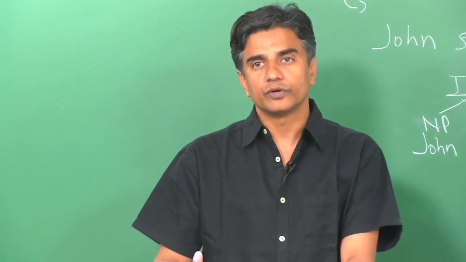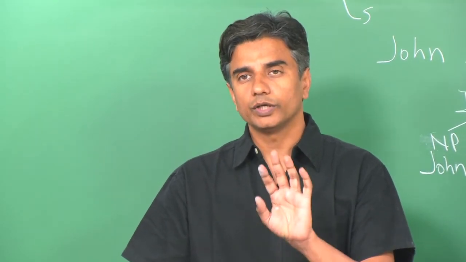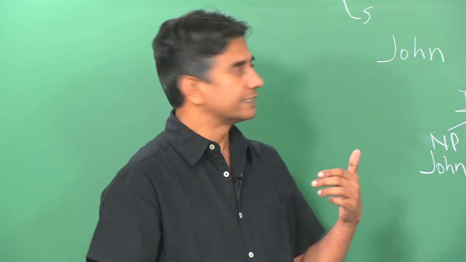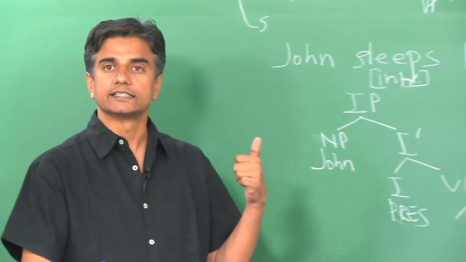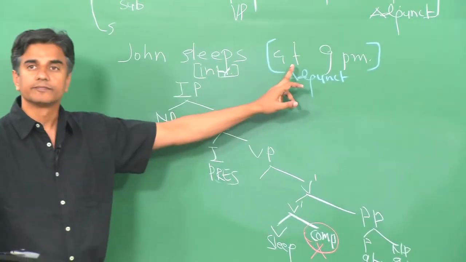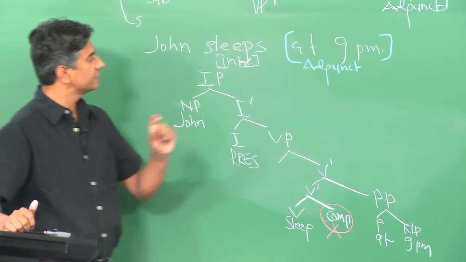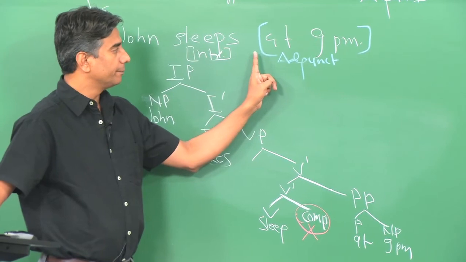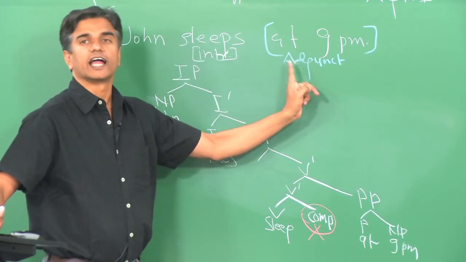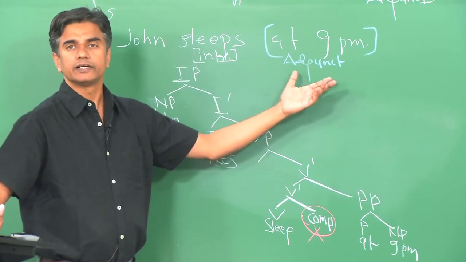At this time, I would also want to underline that in both the examples so far, a sentence like "John likes pizza in the evening" and "John sleeps at 9 p.m.", in both the cases, as a matter of coincidence, you see a PP as an example of an adjunct.